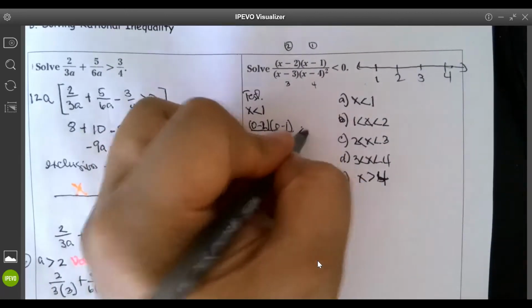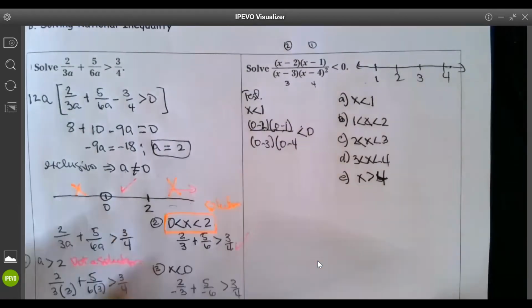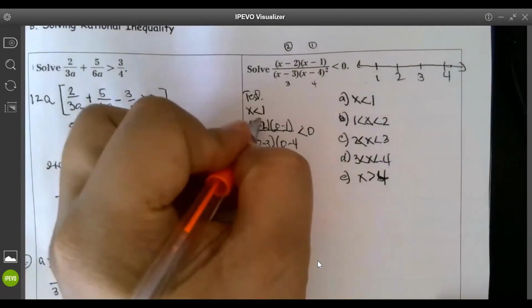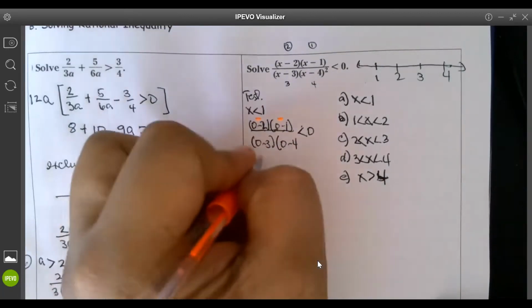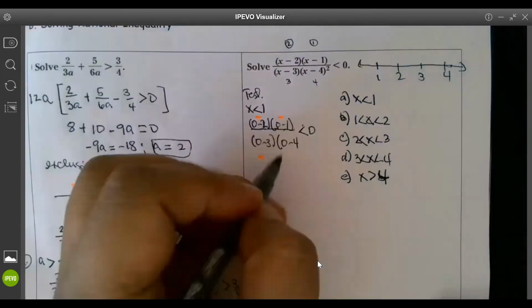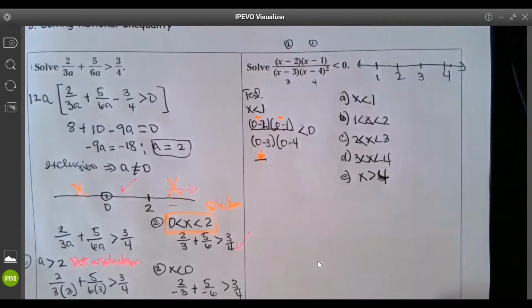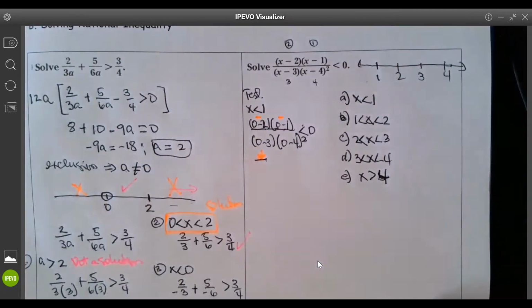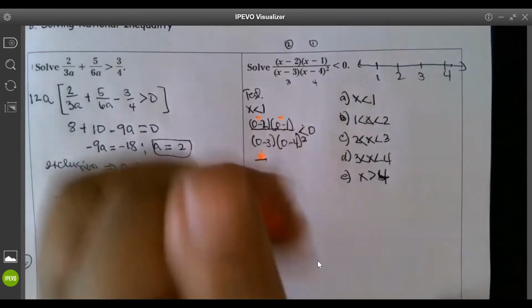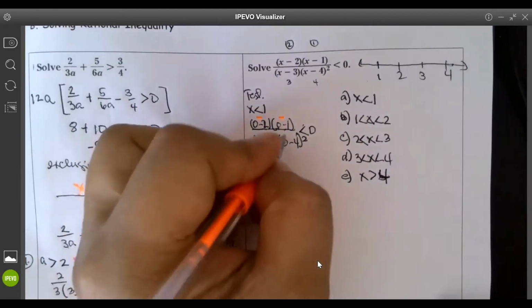Is that less than 0? If it is less than 0, this must be negative. So 0 minus 2 is negative. 0 minus 1 is negative. Negative times negative is positive. Divided by, let's do the bottom, this is raised to 2. 0 minus 3 is negative, 0 minus 4 is negative, and negative raised to 2 is positive.